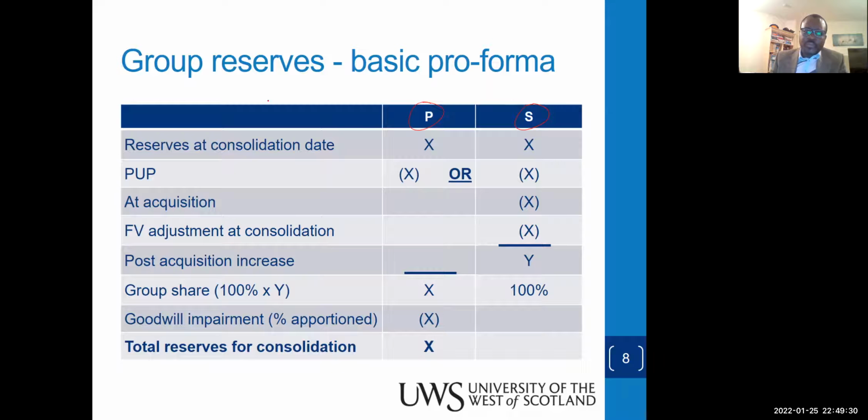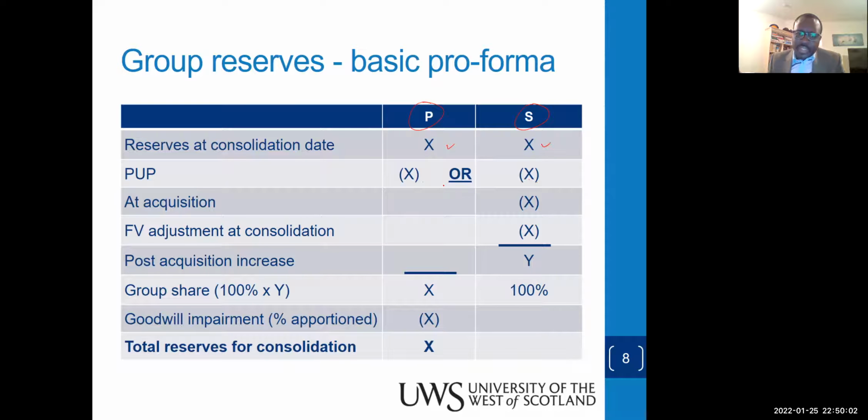So for the group reserves, take the reserves at the consolidation date for the parent and that of the subsidiary, and put them together at the reporting date. If there are any unrealized profit provisions, let's subtract them, depending on whether it was the parent transferring to the subsidiary or the subsidiary transferring. In either case, we subtract them. We'll look at the intragroup trading in next week's session.